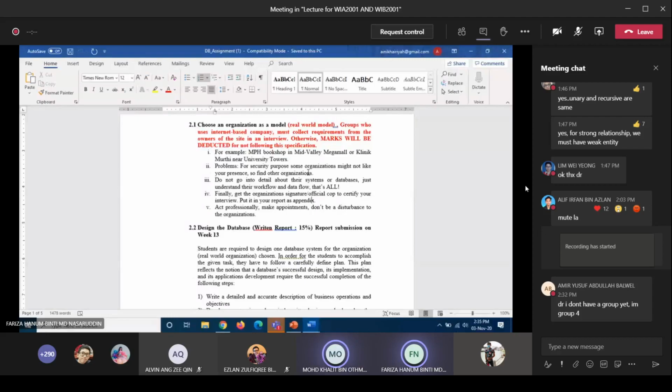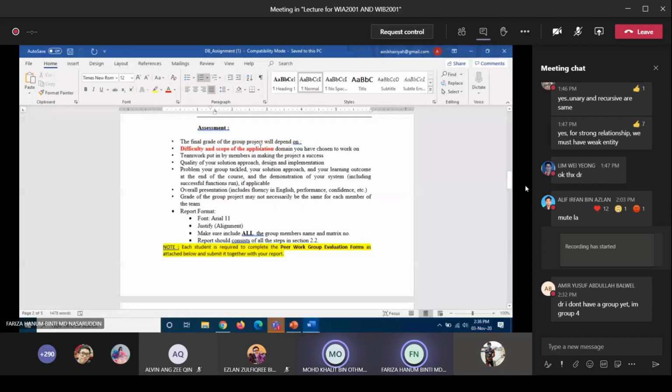But if you look at the requirement down here, the assessment is based on the difficulty and scope of the application domain. Because when students present their work, you have one group with only maybe 4 or 5 entities, and then another group with 12 or 15 entities.